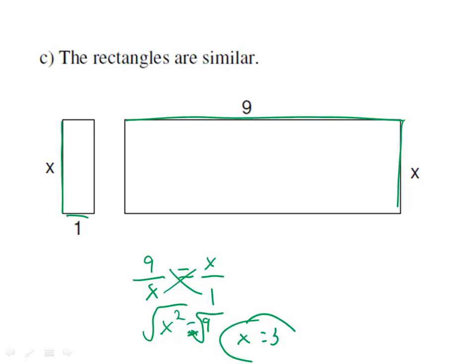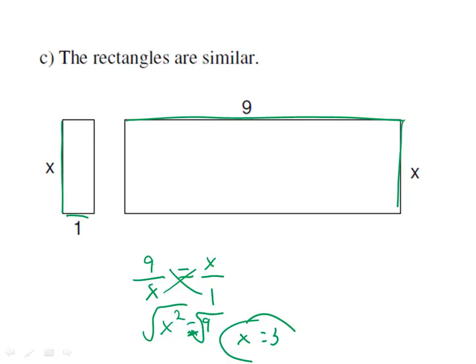Alright, a big part of the key here is to get your proportions set up correctly. So the first thing we had to do is what I told you about right away, getting the corresponding sides matched up correctly. And then the second thing was to set up the proportion correctly. So I put 9 over x, so that means I've made a decision.